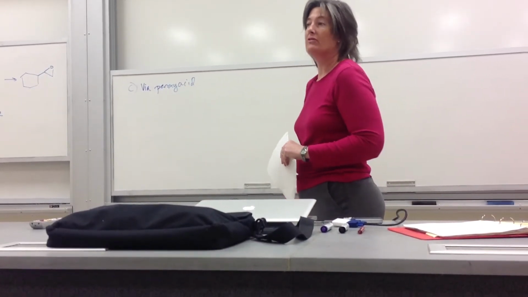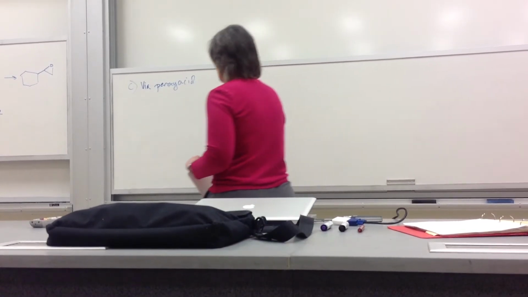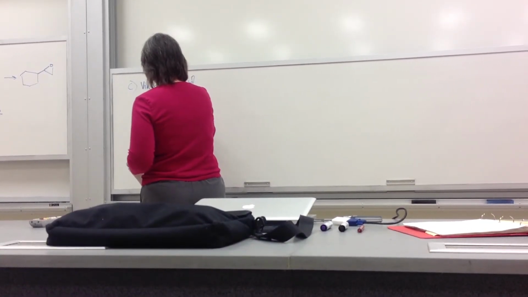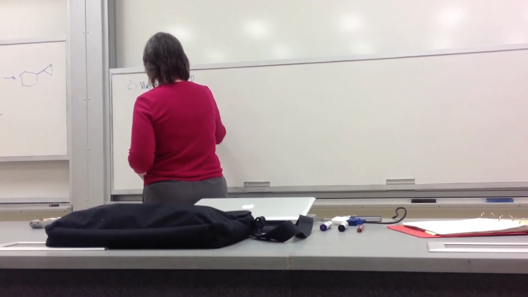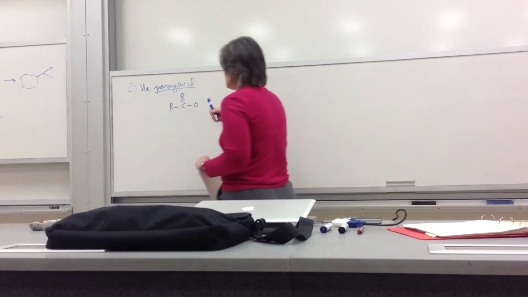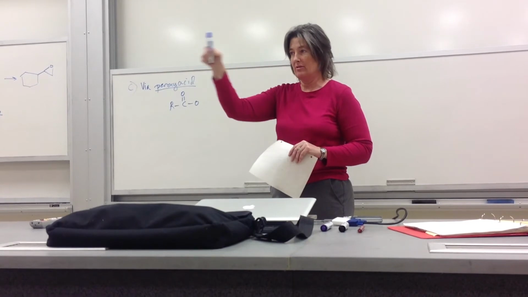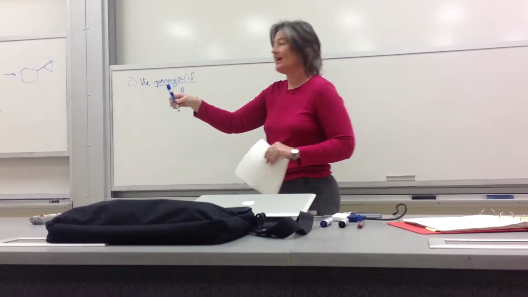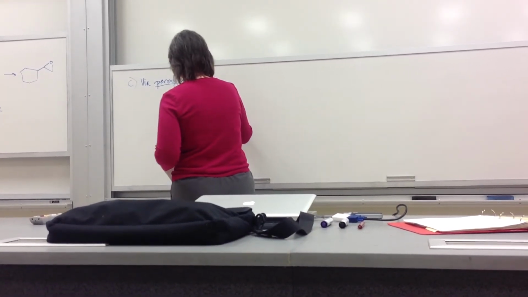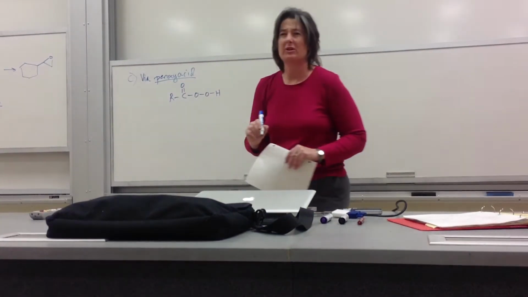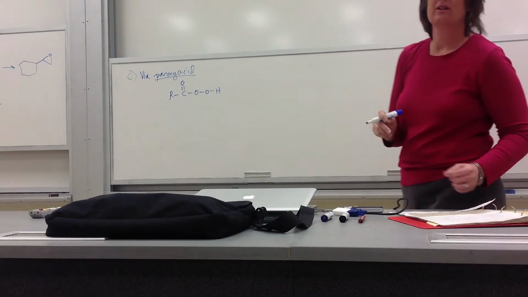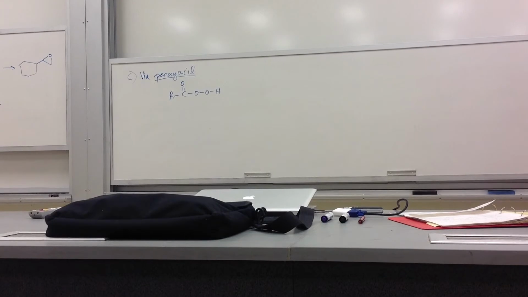So first let's define what a peroxy acid is. It's a carboxylic acid, but there's a peroxide involved in it. Hydrogen peroxide was HOOH, right? So a peroxy acid looks like that, a little bit weird. It's two oxygens. So it looks kind of like a peroxide.